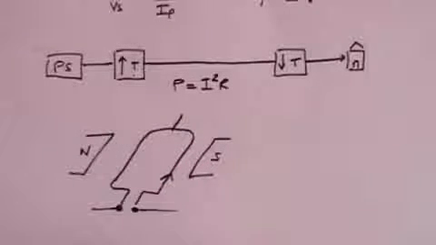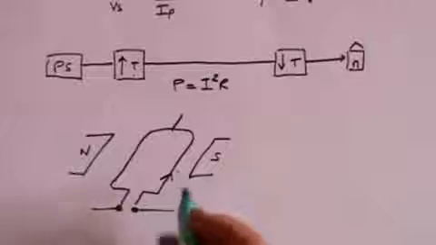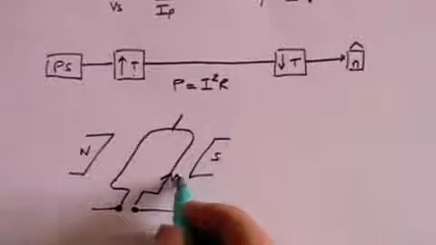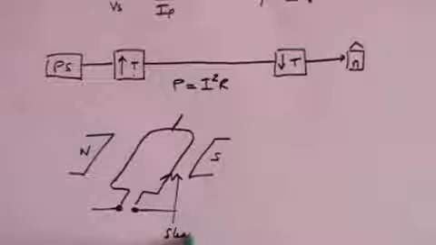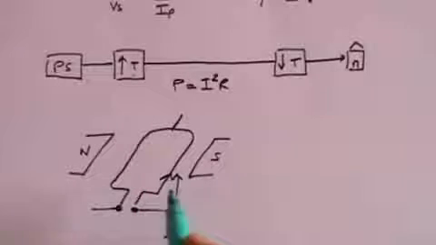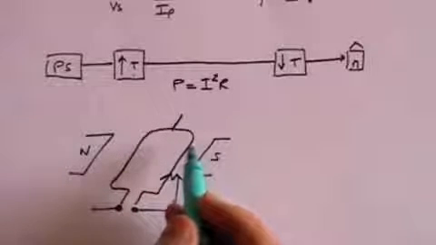In a generator, what we do is we force this cable to go round by having some kind of steam that causes paddles to go round, and that will induce the current to flow in the generator.